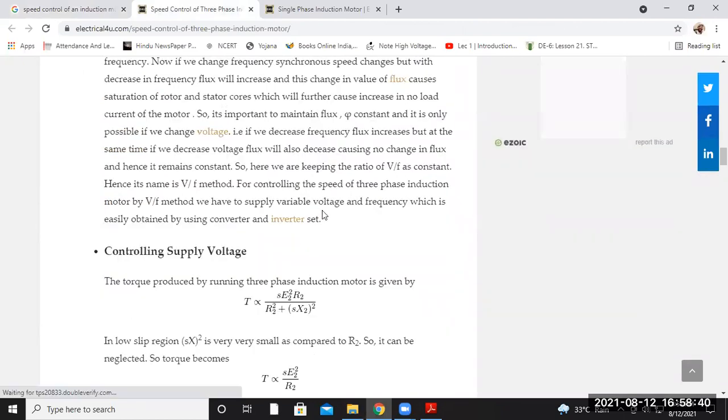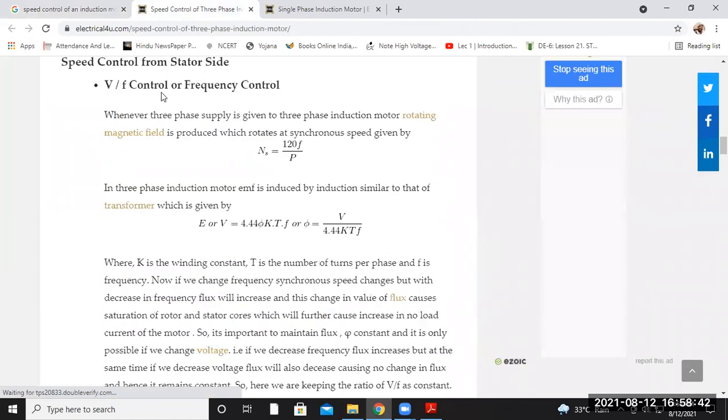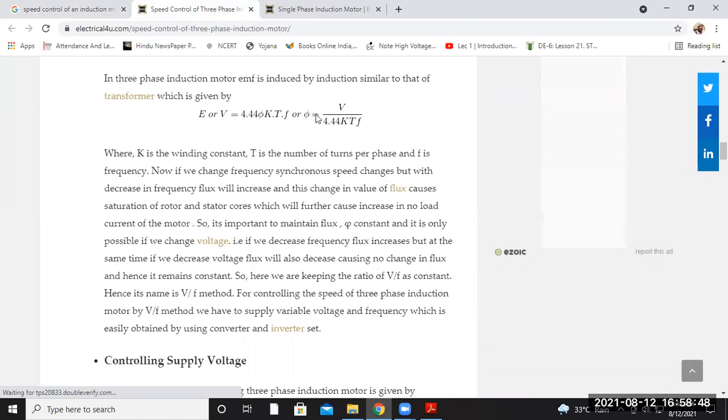So in the last session, we were discussing the V upon F control, or you can say frequency control. Up to this, we have seen that to maintain the value of the speed, we have to maintain the flux value. Otherwise, saturation will take place in the rotor part. If we decrease the frequency, flux will increase because flux and frequency are inversely proportional to each other.